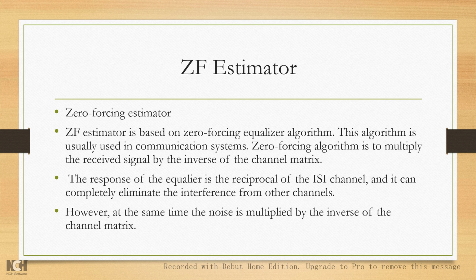The response of the equalizer is the reciprocal of the ISI channel, and it can completely eliminate the interference from other channels. However, at the same time, the noise is multiplied by the inverse of the channel matrix.